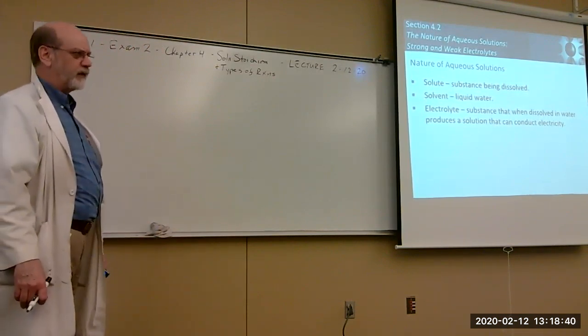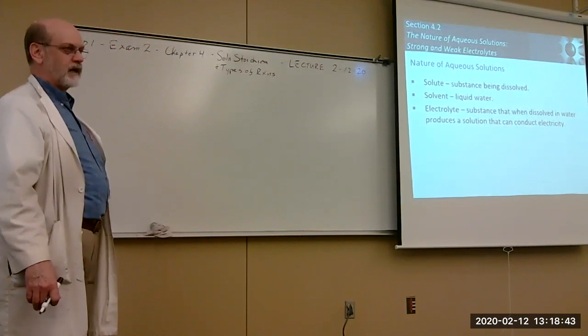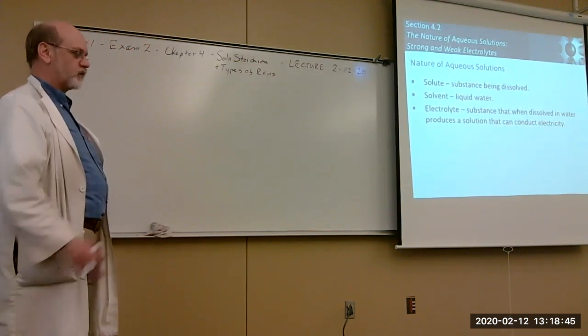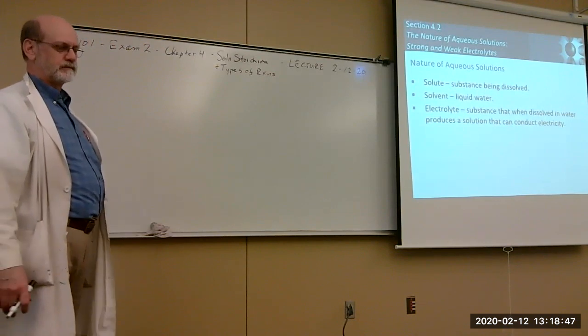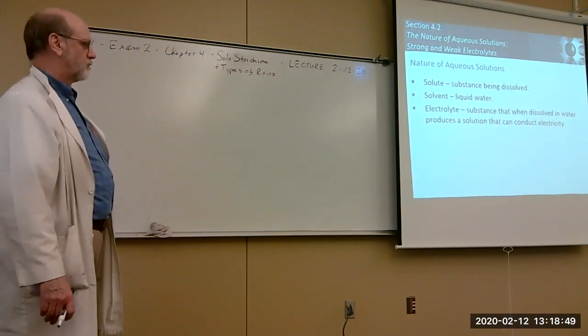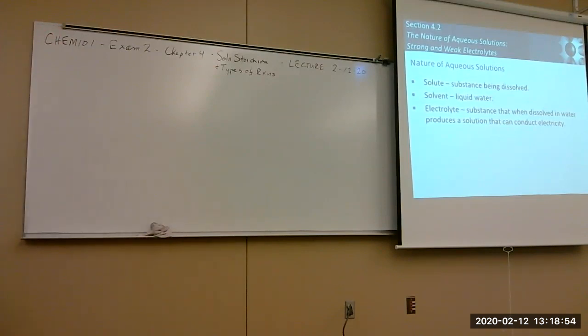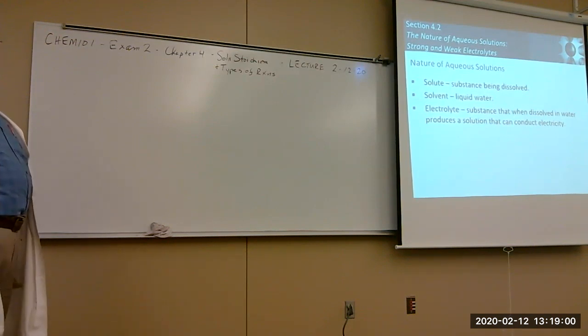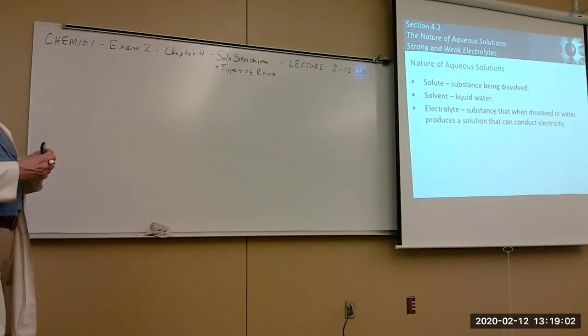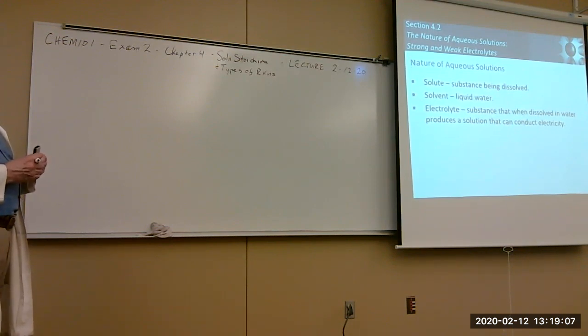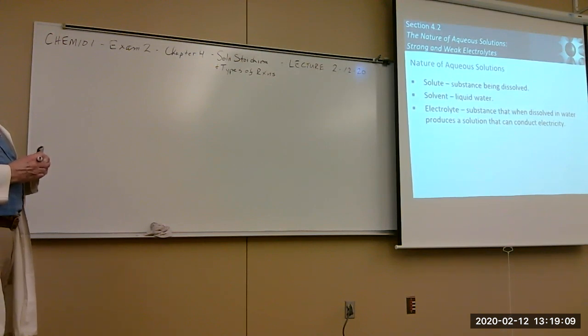Is mercury a solvent? Yeah, it can be. If there's more mercury than whatever you put in it. But does it dissolve things like water? Is water the only liquid that does that? I don't think mercury is particularly soluble in water. Does mercury, like water, have a tendency to dissolve things in it?